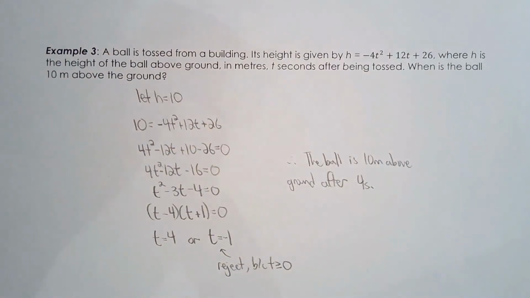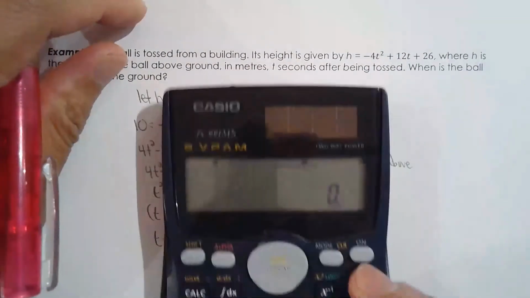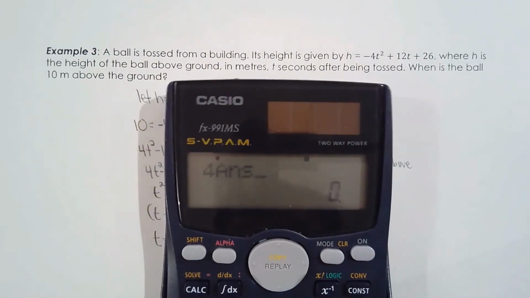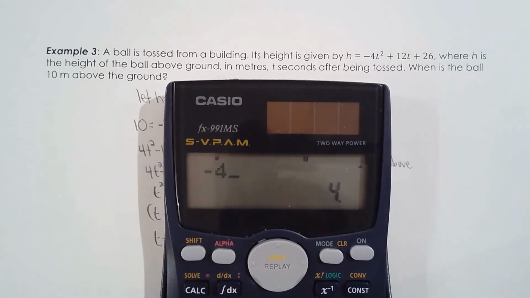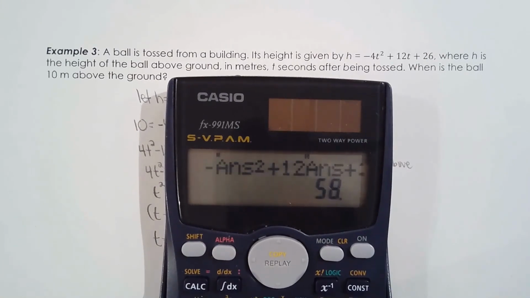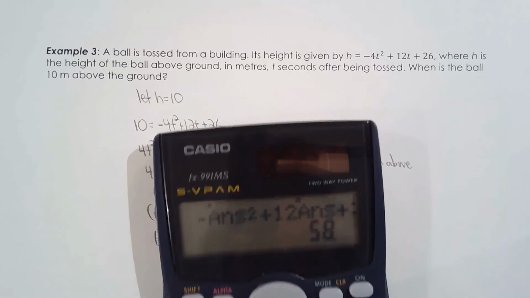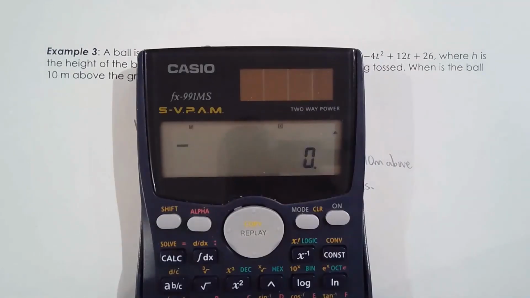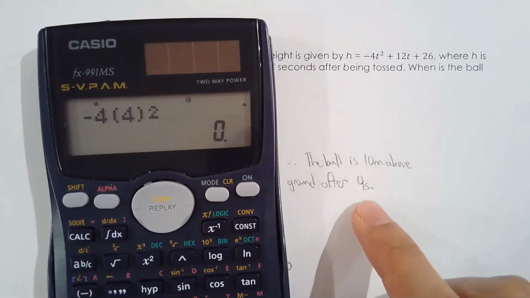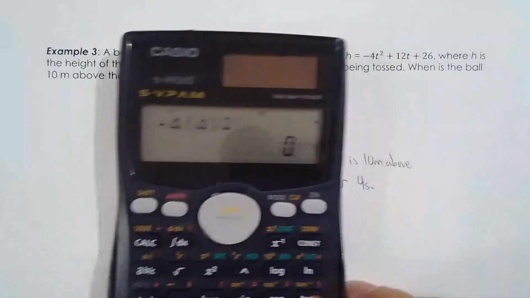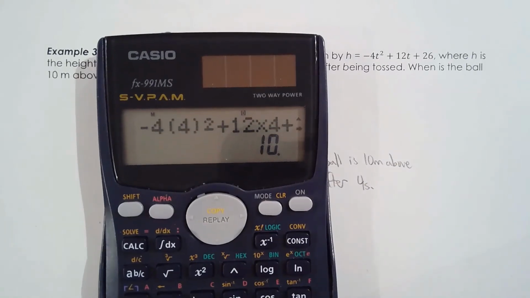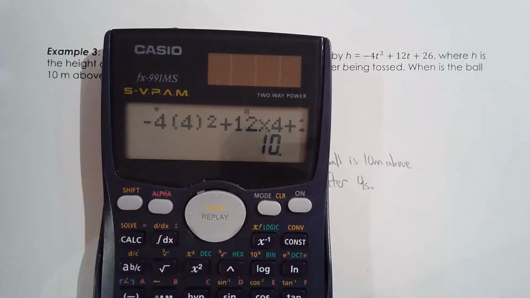And if you're in doubt, what you can do is sub in 4. I made a mistake there. After 4 seconds, right? Yep, 4 seconds. Let's check. There we go. After 4 seconds, it's 10 meters high.